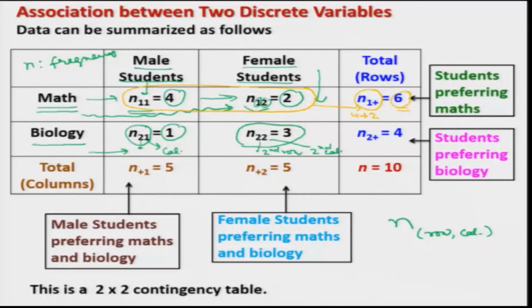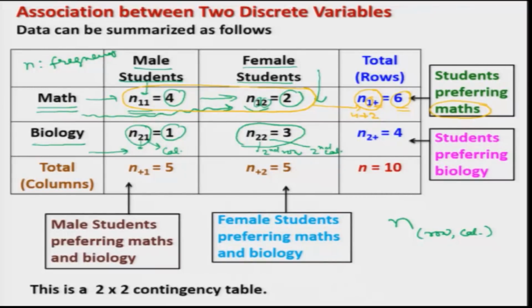So, n1 is going to indicate the subject in the first row, which is here mathematics, and this plus is indicating that we have added the frequency over the column. N1 plus equal to 6 is going to give us information that how many students are preferring maths.